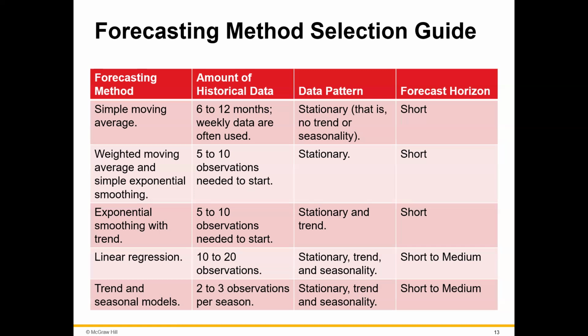A weighted moving average says, I want to put more emphasis on a particular area, and simple exponential smoothing works in the same way. So a weighted moving average would say, I'm going to predict April, just so we keep it simple. We've got data for January, February, and March. We take that data and say that what's happened in March is more important than what's happened in January or February.